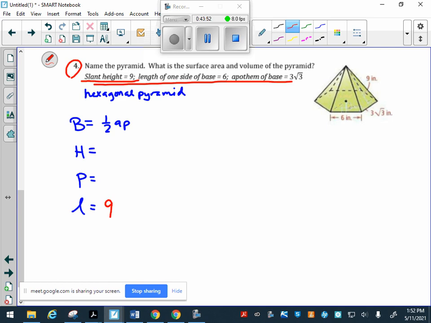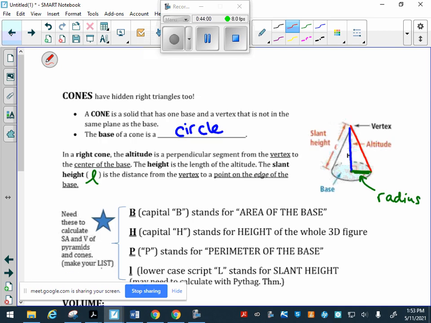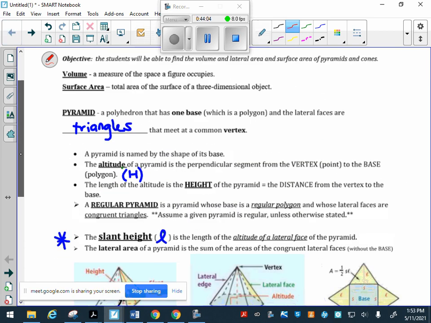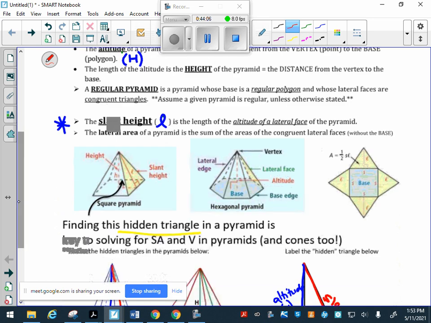Miss Myers? Yes? For the pyramids, are all the sides the same length on the base? Yes, so we had mentioned here somewhere, I know it was kind of small and incidental, but right here. Assume a given pyramid is regular unless otherwise stated. So you're going to definitely make that assumption.